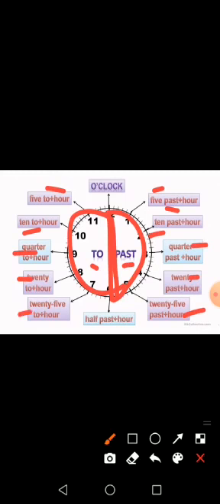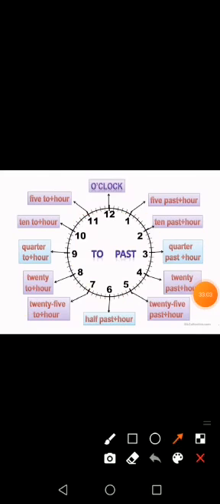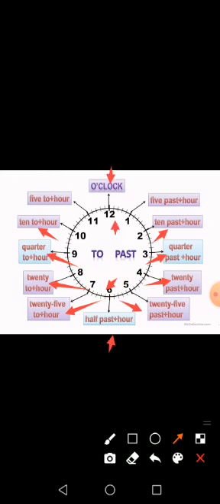The only difference is the word past here and to here. 5 past, 5 to. 10 past, 10 to. Quarter past, quarter to. 20 past, 20 to. 25 past, 25 to. And in number 6, it is half past the hour. And in number 12, we use the word o'clock.